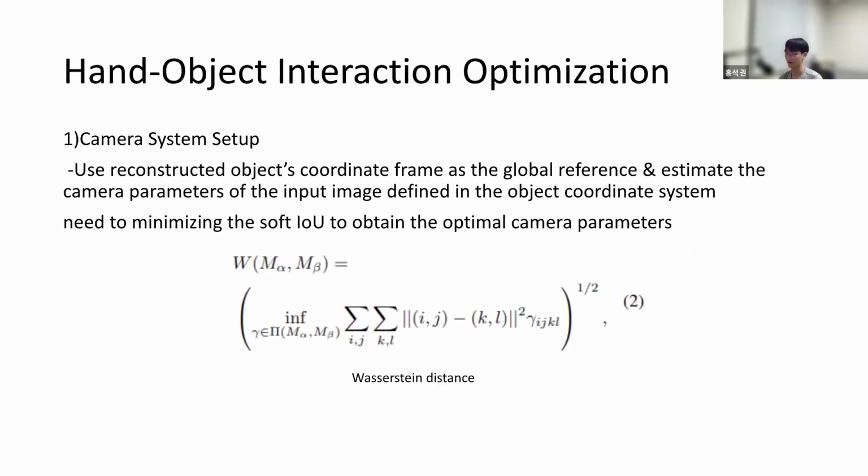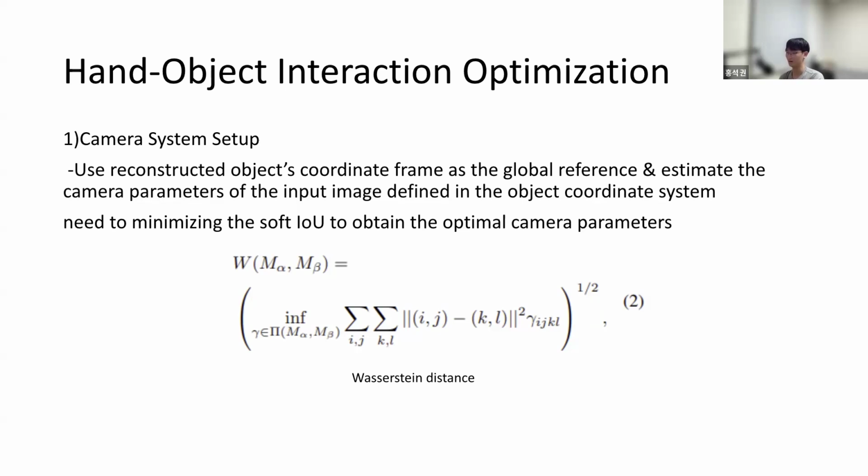And here is the hand-object interaction optimization part. There are three big steps in the HOI optimization. First is camera system setup. It uses the reconstructed object's coordinate frame as the global reference and estimates the camera parameters of the input image defined in the object coordinate system.